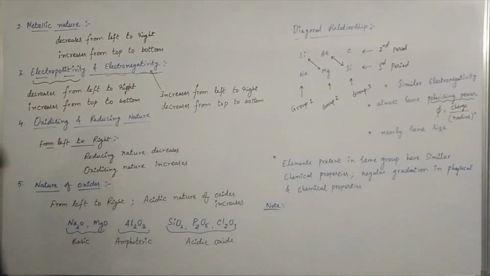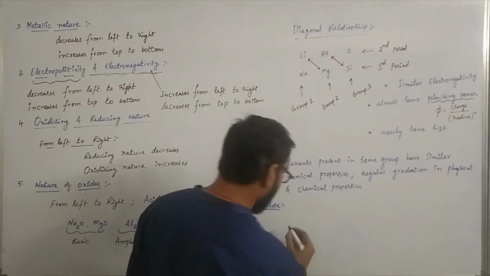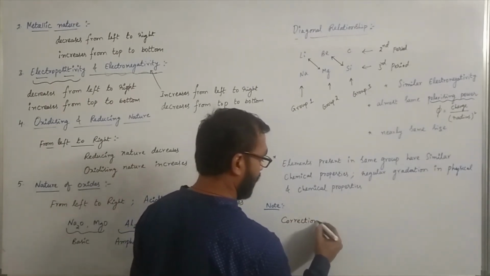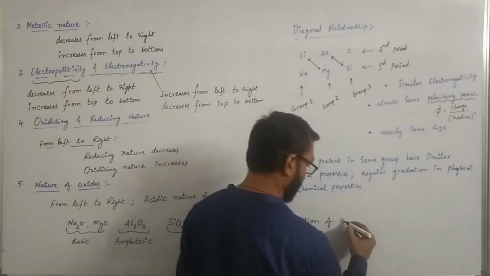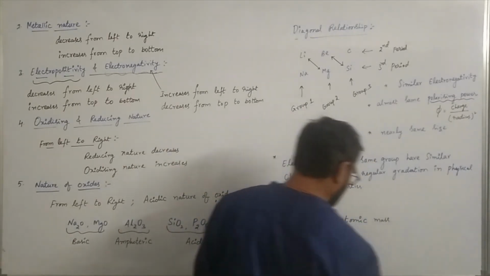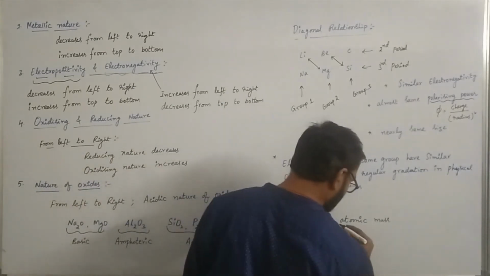Mendeleev's table was purely based upon atomic masses. So there was some correction of atomic masses observed, particularly for beryllium.